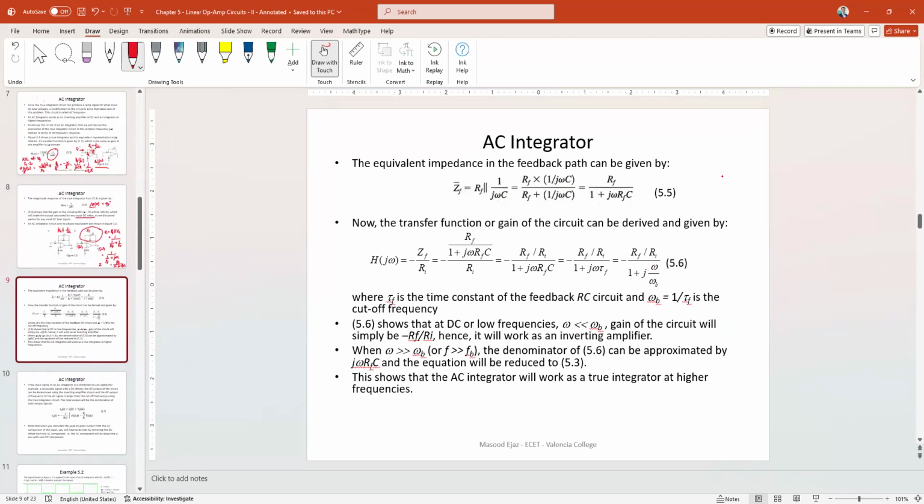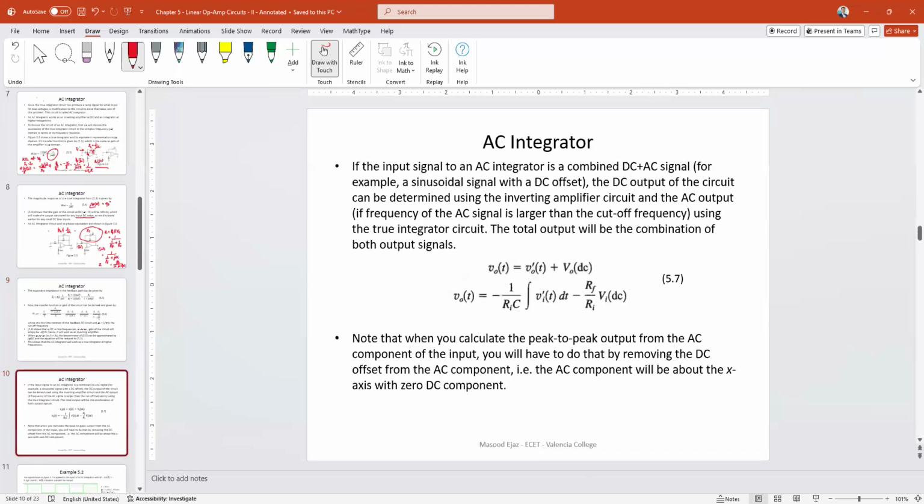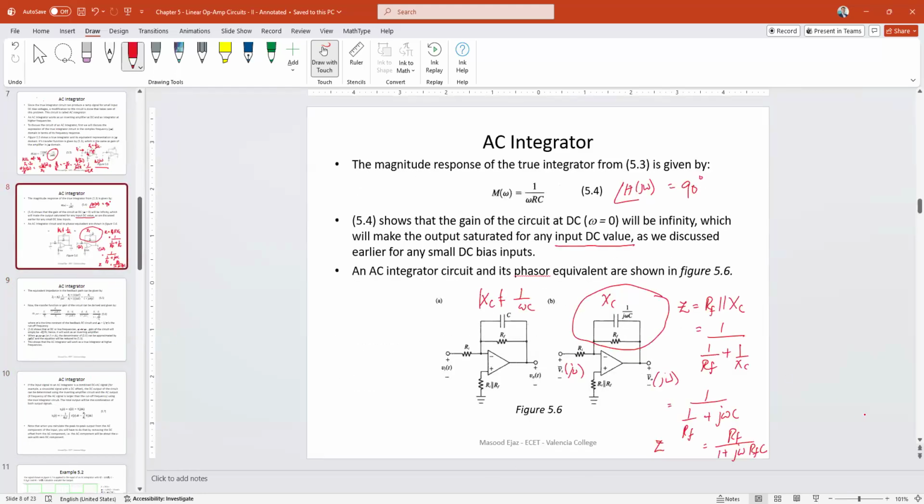So the transfer function, or the gain, again, we can write down the transfer function of this circuit, replacing XC and RF by Z, then it is simply going to be an inverting amplifier.